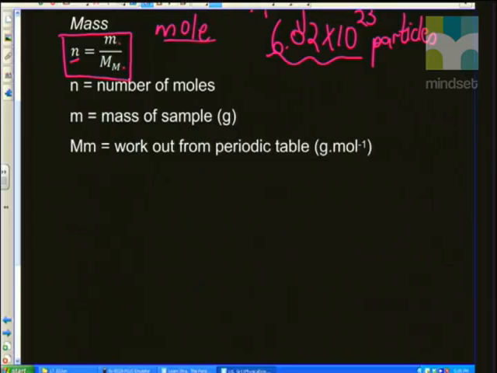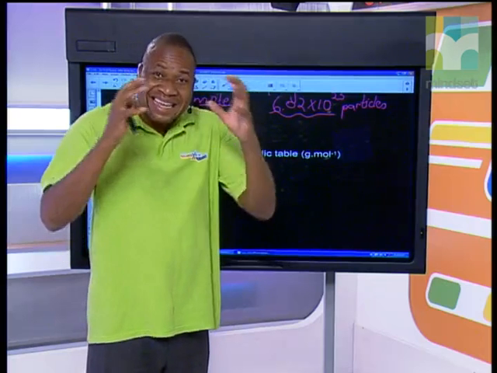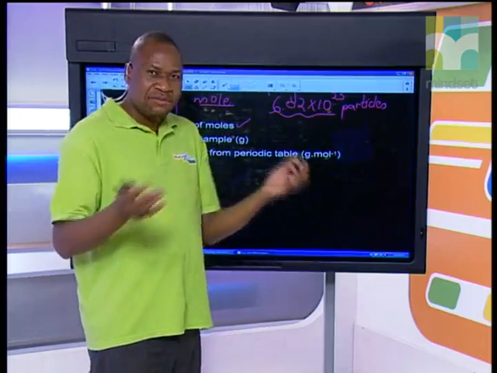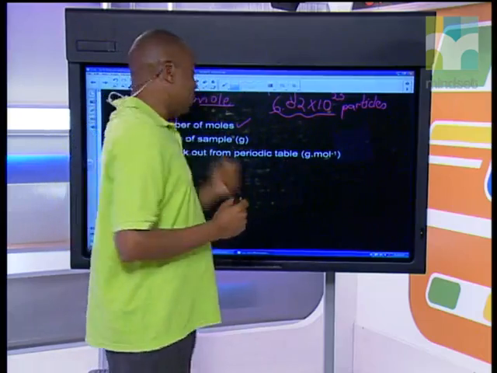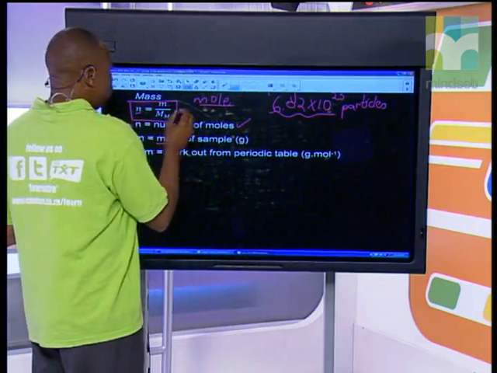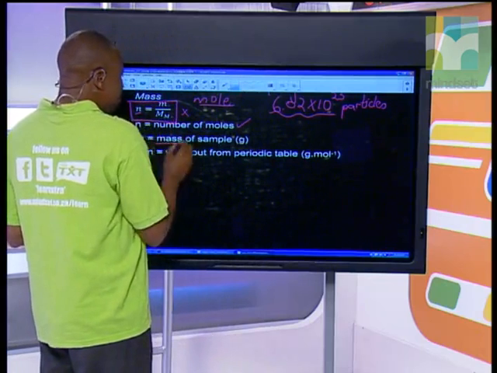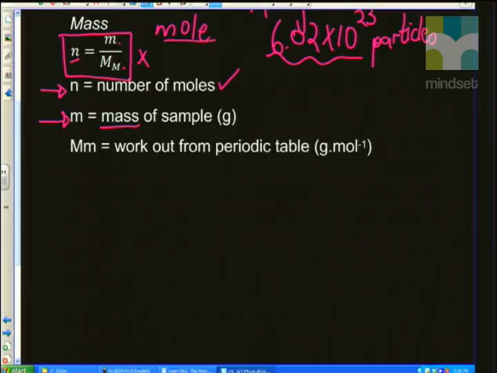We know that small n represents the number of moles, which is what we will be looking for, and small m represents the mass of the sample. In other words, if you are given a substance in mass, grams, kilograms, whatsoever, for you to get the number of moles, you use this formula. So m is the given mass of that sample or substance.